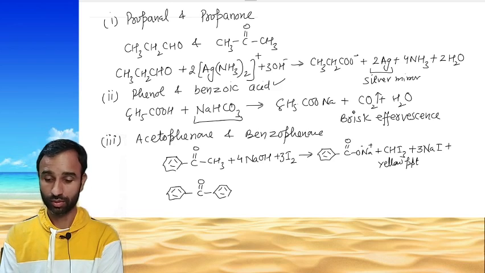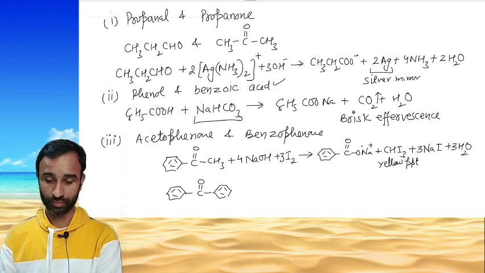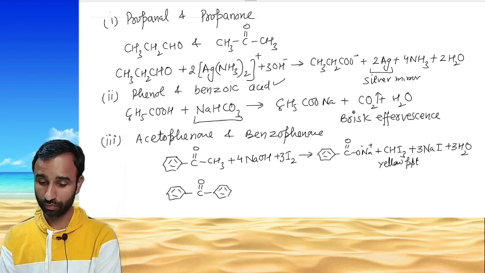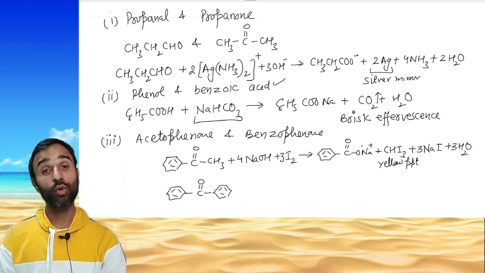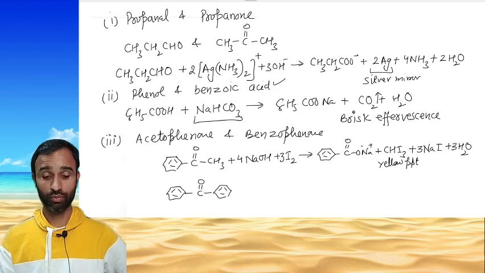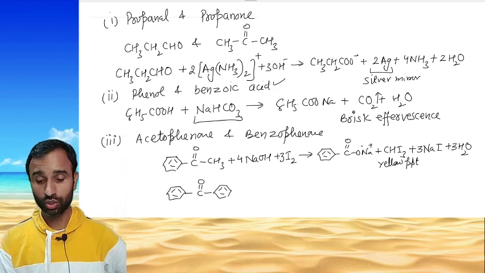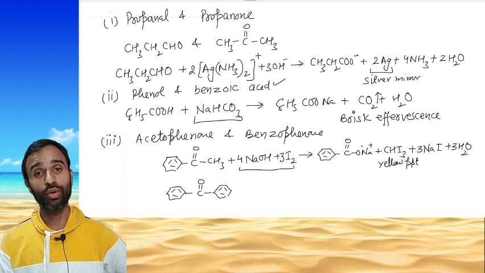So the yellow precipitate of iodoform is given by acetophenone with sodium hydroxide and iodine.